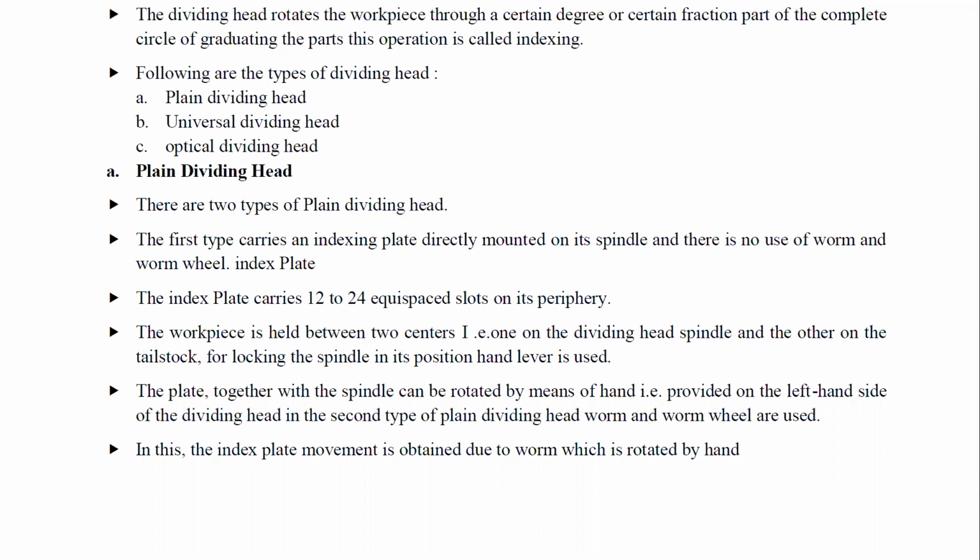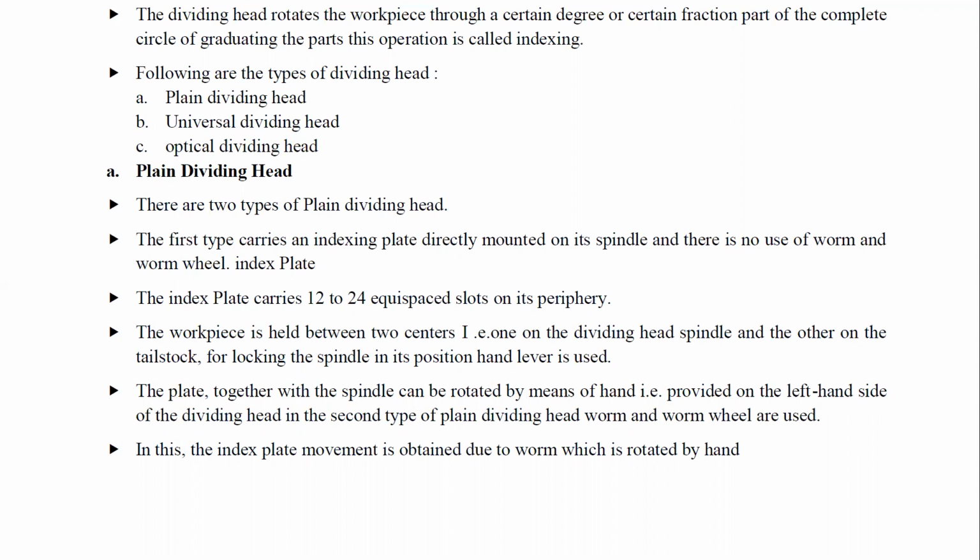The workpiece is held between two centers, the dividing head spindle and the tailstock. A hand lever is used for locking the spindle in its position. The plate together with the spindle can be rotated by means of the hand lever provided on the left hand side of the dividing head.